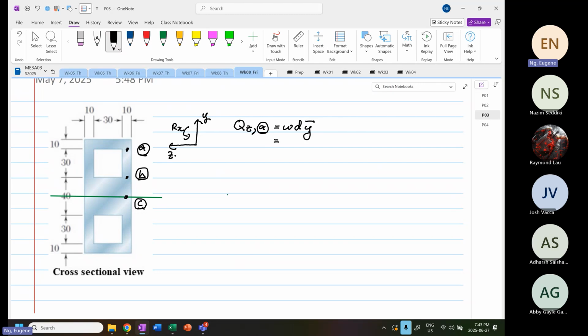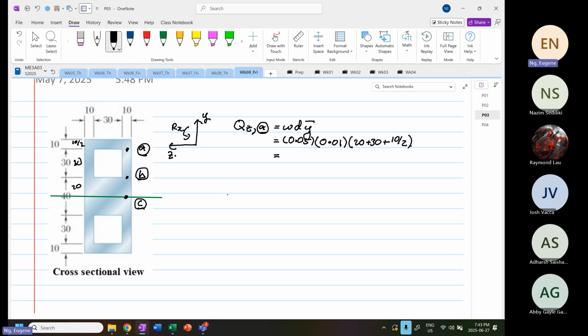At point A, the width is equal to 0.05. The depth is 0.01. The Y bar, so we know that this is 20, this is 30, and this is 10 divided by 2, right? So it's 20 plus 30 plus 10 divided by 2.